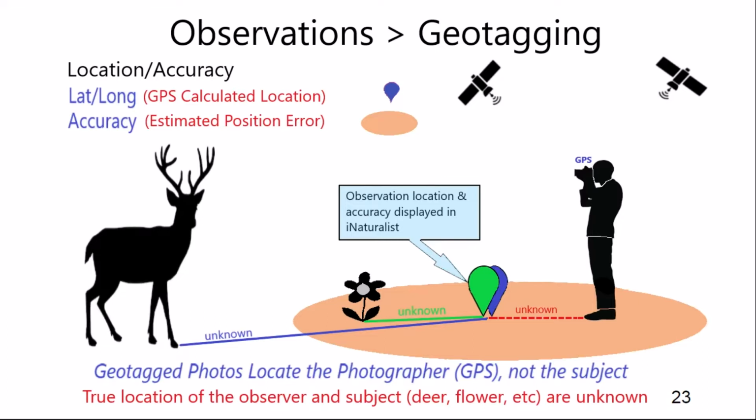And there is absolutely no way to know how far away the flower or the deer or the bird was from you or from where the push pins actually ended up. Because I think a lot of people, from talking to them, think that when they see those little push pins, that's the location of the flower and the deer and stuff. No. Assuming it's geotagged, it's where the person was standing when he saw them.